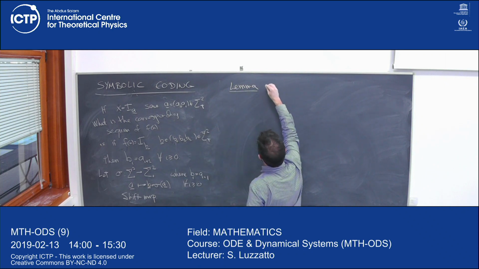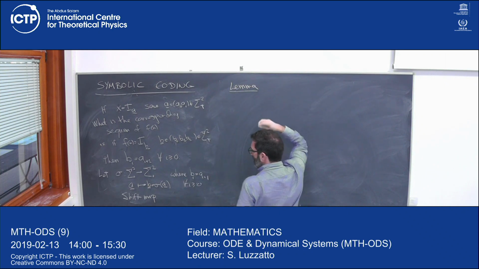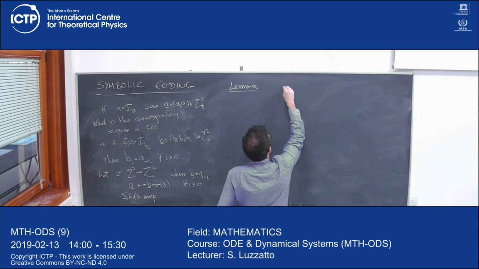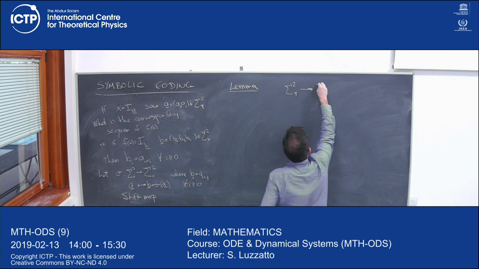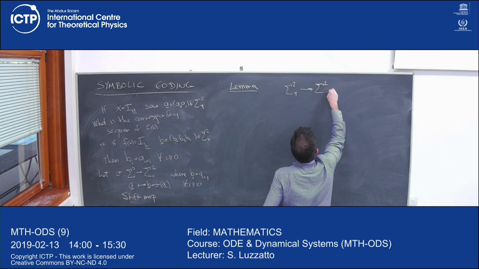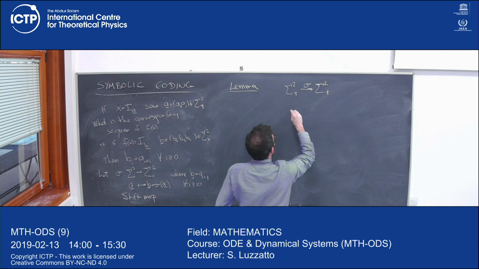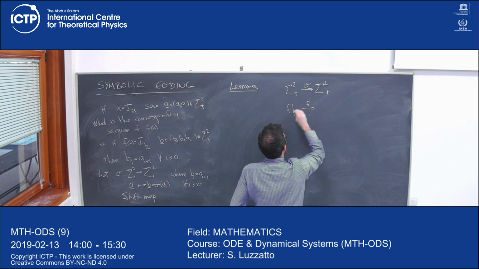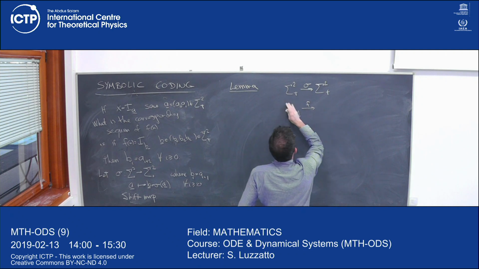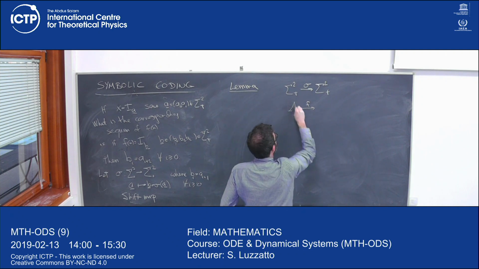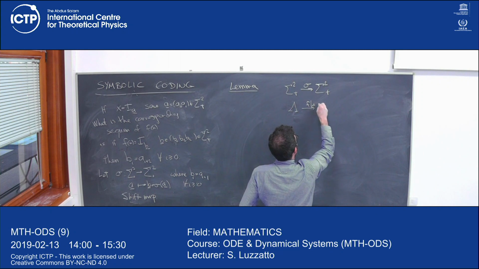So here we have sigma 2 plus, here we have this shift map, and here we have f restricted to lambda, which maps lambda to lambda.